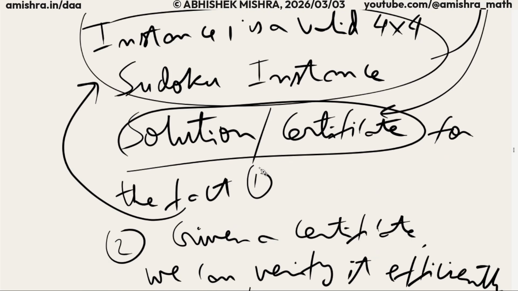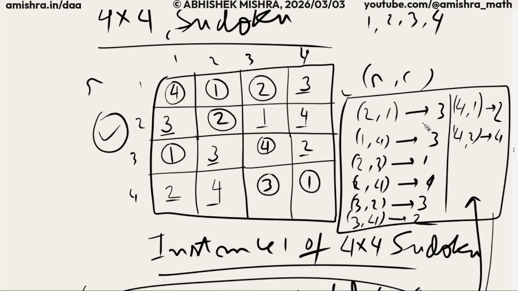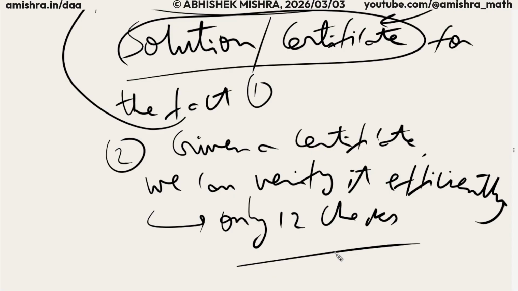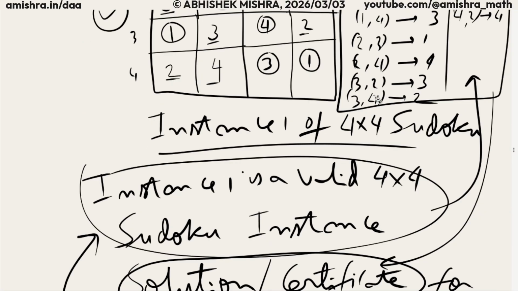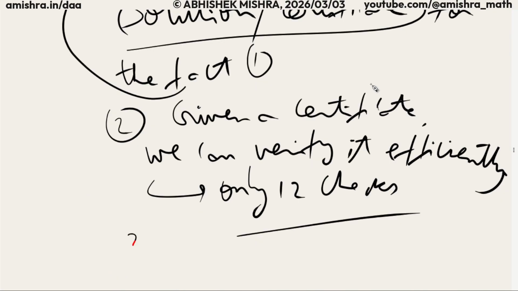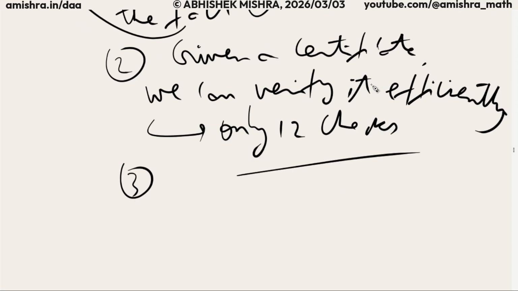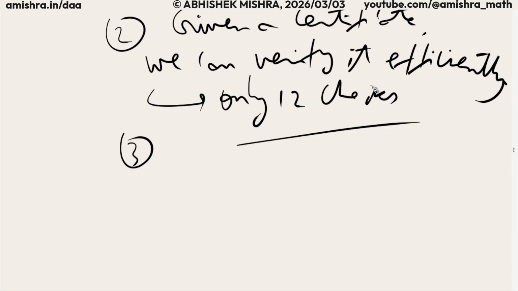So two things. First, for a valid instance we should have a solution or certificate. Second, a certificate can be easily verified. And third observation, small size certificate.